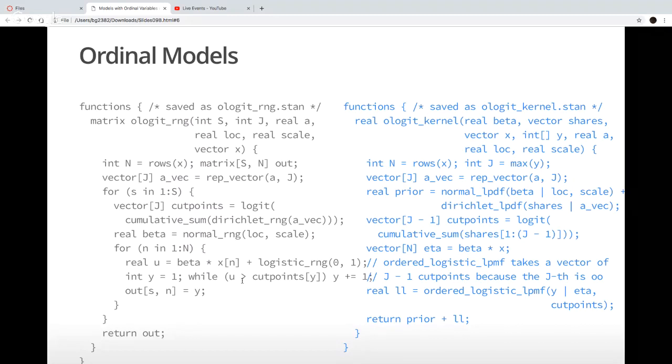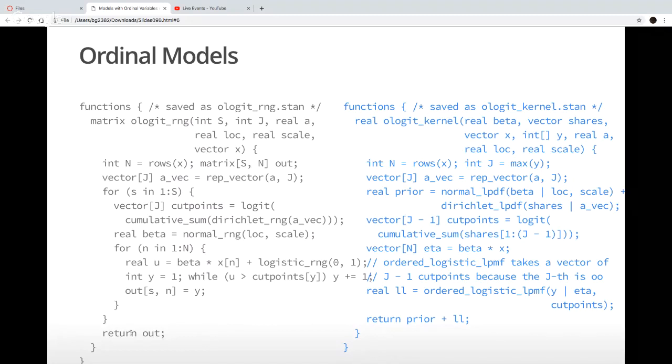If it's greater than the second cut point, we bump it up again. But if it's less than one of the cut points, then we stop and we say, okay, this is our prior predicted value of y for that person, and we stick it into our matrix in the sth row and the nth column. When we're done with both of those loops, then we return the draws of prior predicted distributions at the end.